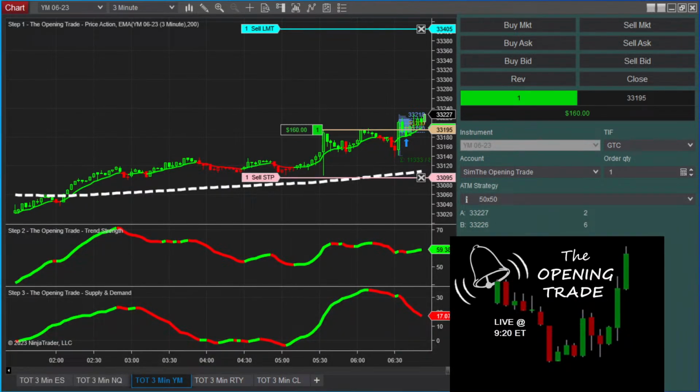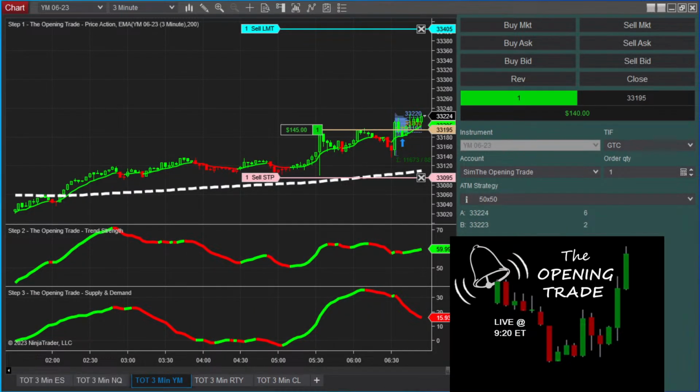AI experts disown Musk-backed campaigns citing their research. That's just kind of funny. All right, Treasury yields drop as inflation moderates.